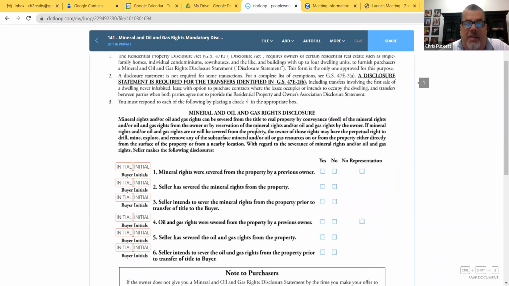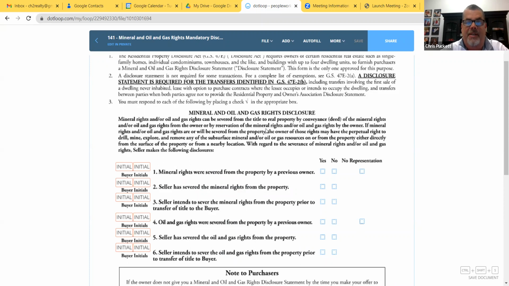All right, number two, a disclosure statement is not required for some transactions. A disclosure statement is required for the transfer identified in General Statute 47E-2B, including transfers of first sale of a dwelling never inhabited, new construction, in case you didn't know, lease with the option to purchase, contracts where the lessee occupies or intends to occupy the dwelling, the transfer between parties when both parties agree not to provide residential property and owner's disclosure.